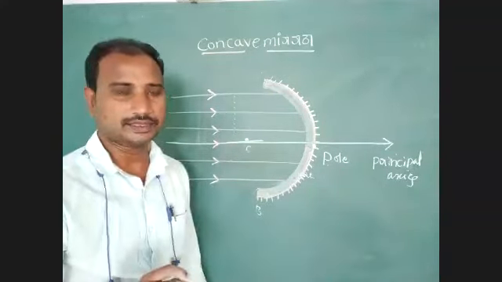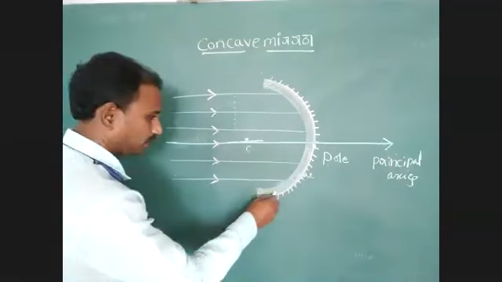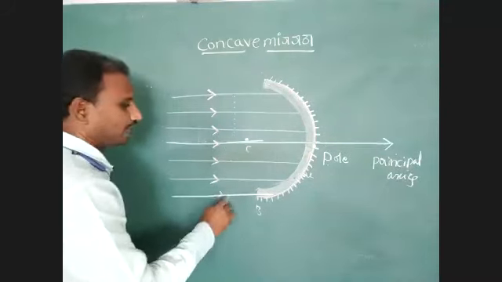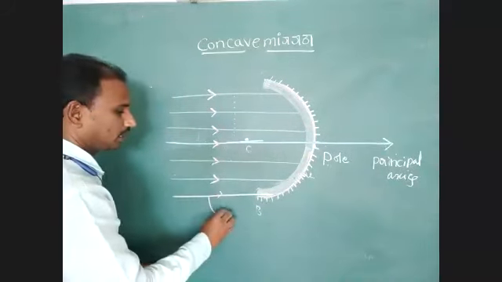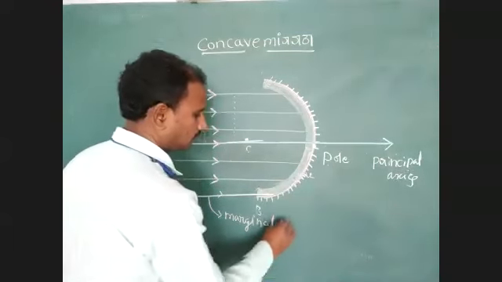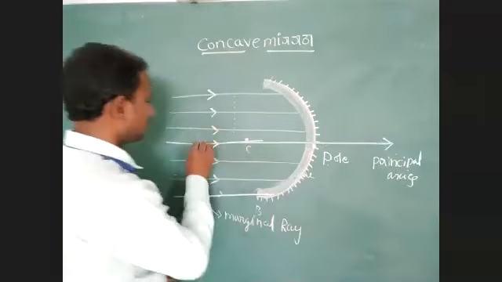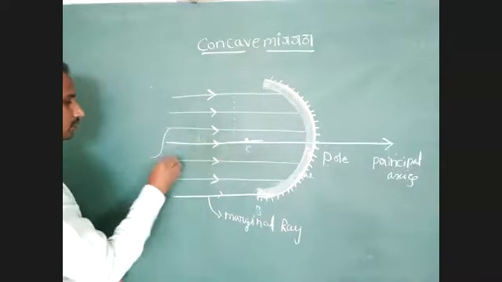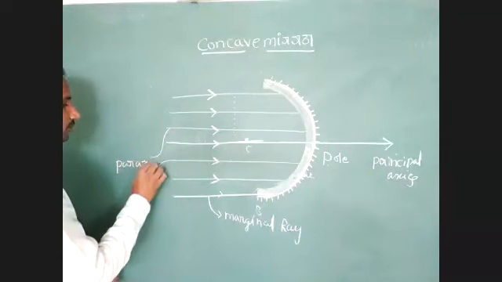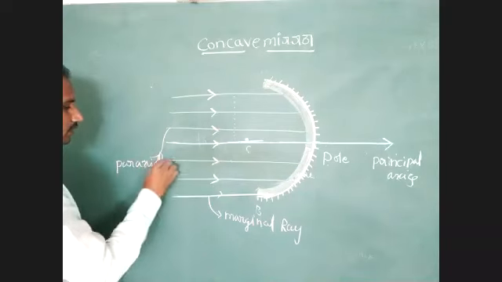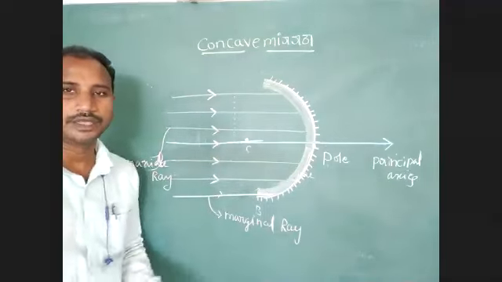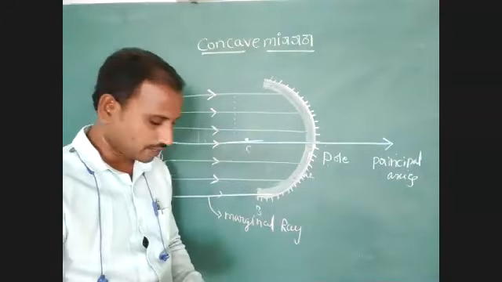These two light rays are marginal rays. Just identify paraxial rays and marginal rays.